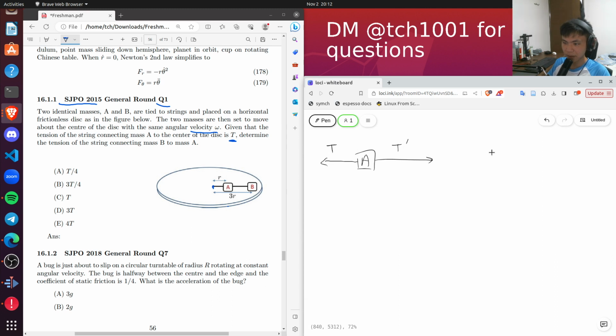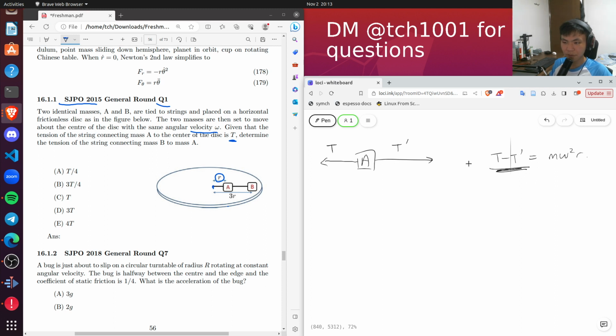So what would the free body diagram imply? Taking leftwards as positive, the net force acting on A is T minus T prime, and it must be the centripetal force required to keep A in circular motion at radius r. That means T minus T prime must be m omega squared r. If you're confused about why this isn't 0, I'll refer you to the previous video where we reviewed centripetal force.